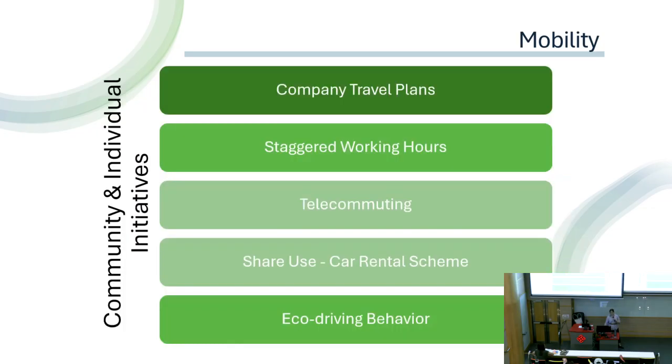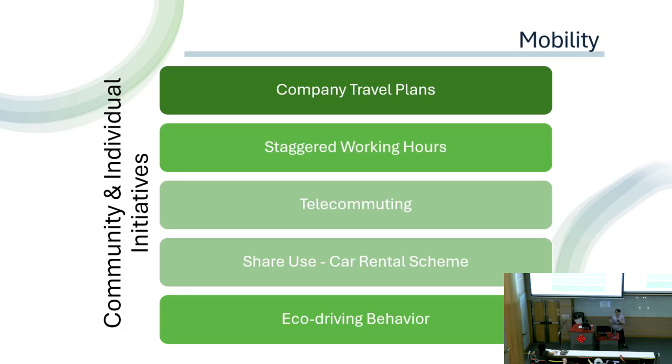But supporting this are also community and individual initiatives. So these aren't what we normally plan for inside the master plan, but what we hope to achieve with the master plan. Most of this is more of a soft side, individual or business policy focus.